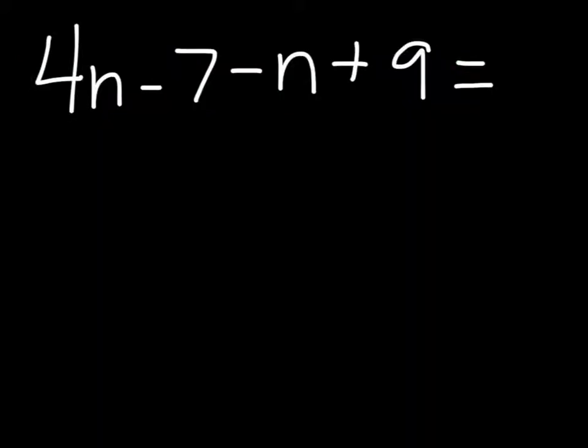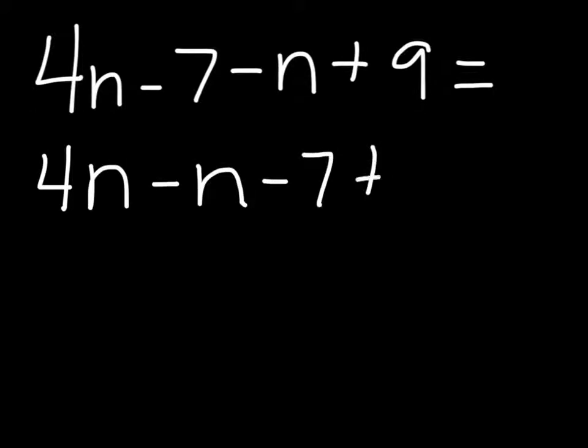Let's try another example of simplifying together: 4n minus 7 minus n plus 9. If we choose to use the commutative property and reorder this expression, we can put the like terms together. So I'm going to rewrite this as 4n minus n minus 7 plus 9. And that puts all of my like terms together.